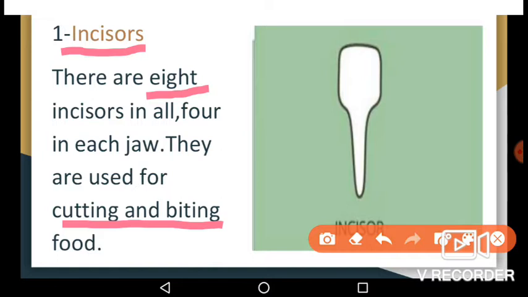They have sharp edges that help you bite into food. Whenever you sink your teeth into something such as an apple, you use your incisor teeth. Incisors are usually the first set of teeth to erupt, appearing at about 6 months old.